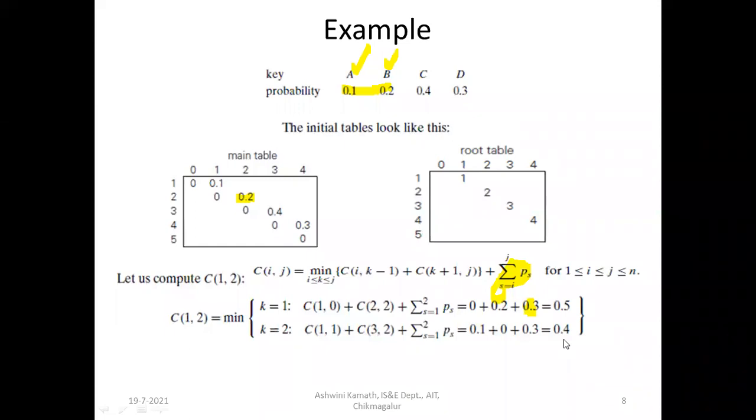Among these two you have to select the one which is minimum. Between 0.5 and 0.4, we are getting 0.4 as the minimum, right? We got 0.4 for k is equal to 2. So 1, 2 in the root table is equal to 2, and 1, 2 in the main table is equal to 0.4.